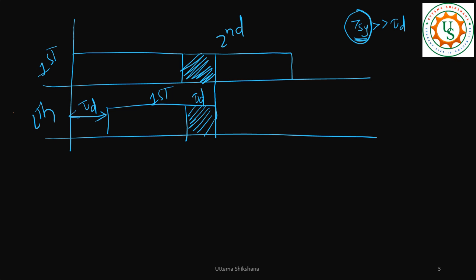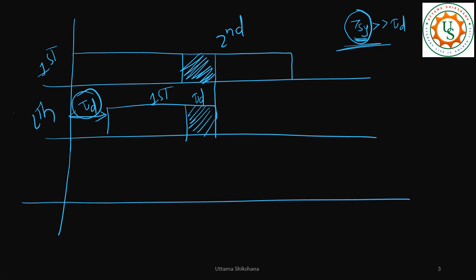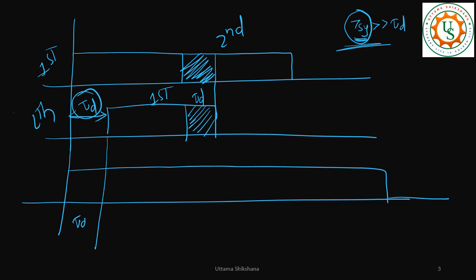But if we take this symbol duration much larger, let's say I will take this much larger, then for the same τd, you will see that for this larger symbol duration, only a small portion is having the overlap, or only a small portion would experience ISI.